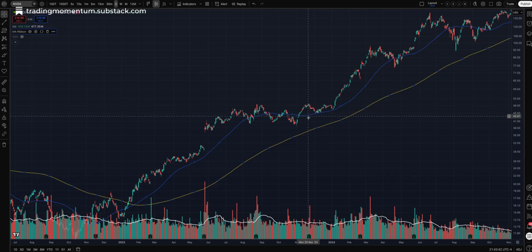But the 50-day is still above the 200, and price is starting to find support on that 50-day, which is good. And the 200-day is still rising. So that's excellent.